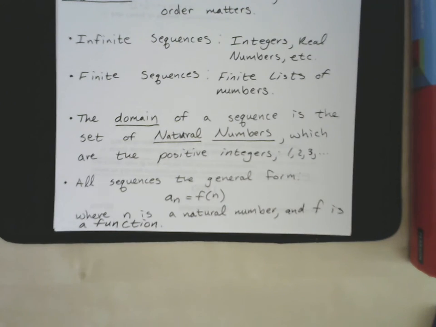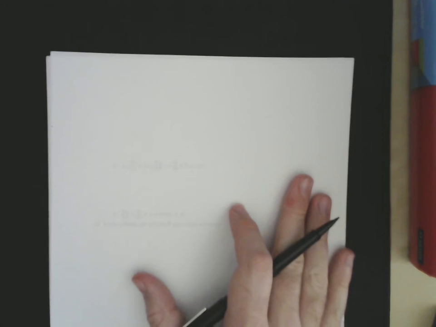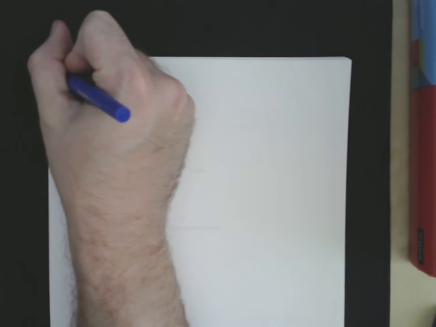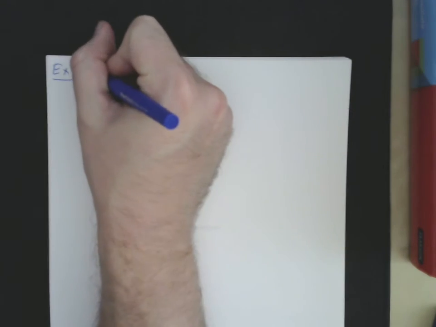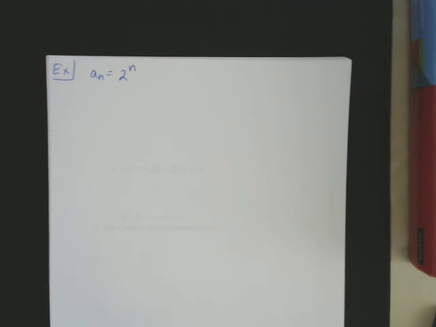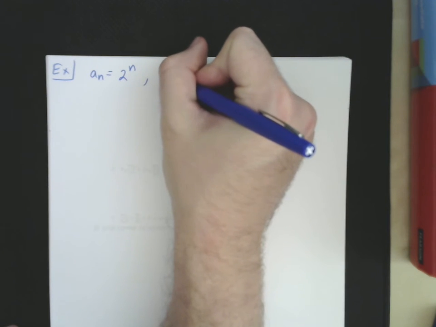So let's look at a couple examples. Starting with a sub n equals 2 to the n. And we're going to say this is the infinite sequence.